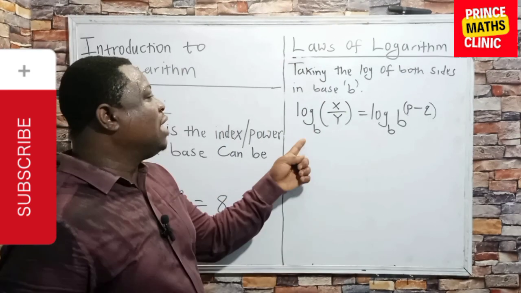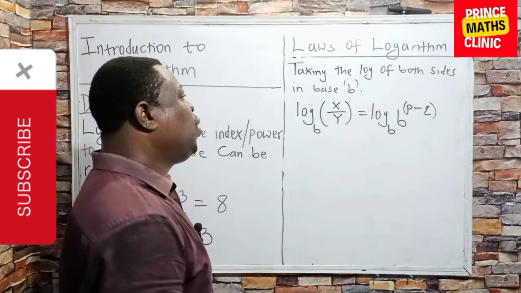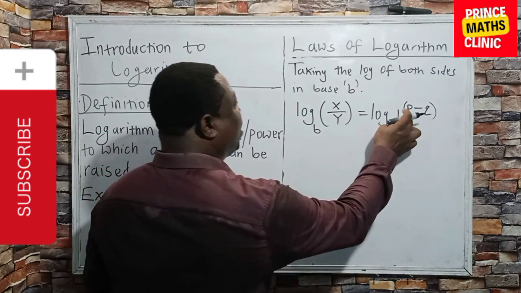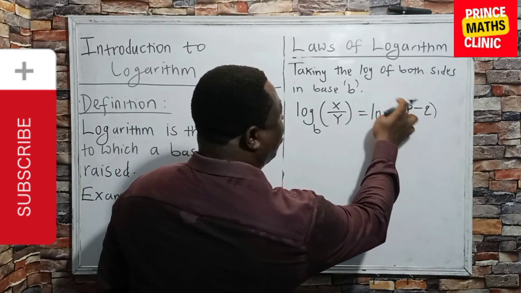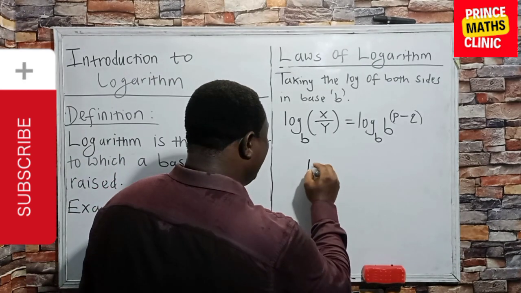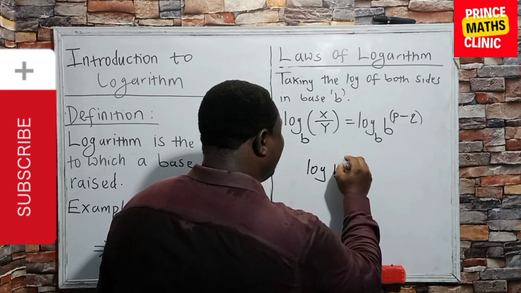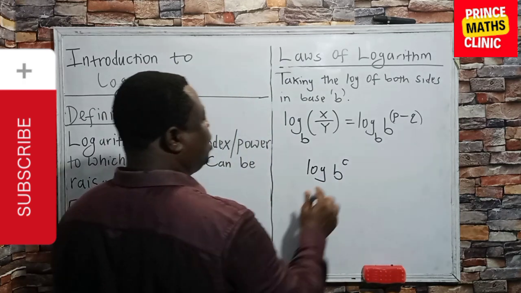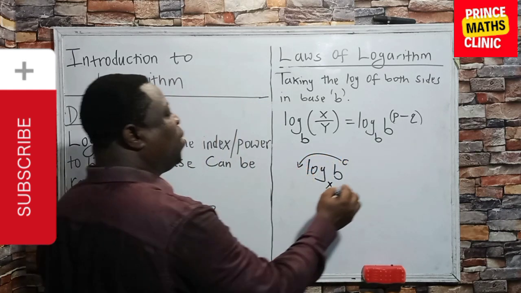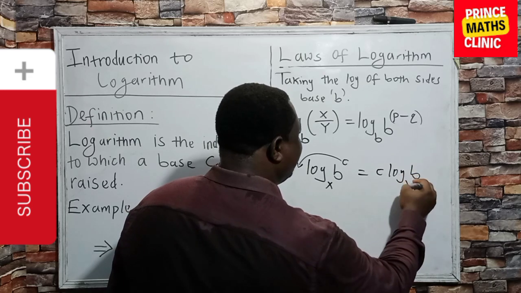Taking the log of both sides in base b, here is what we have. And we have already discussed this before, that when a log is carrying a power, the power multiplies the log. We discussed the other time that once you have log b carrying a power of c in base x, this power multiplies the log. This becomes c log b base x.